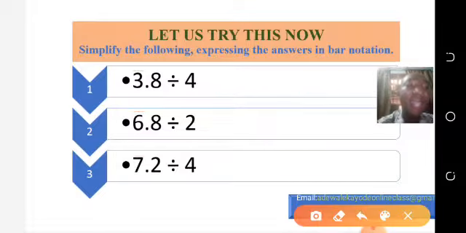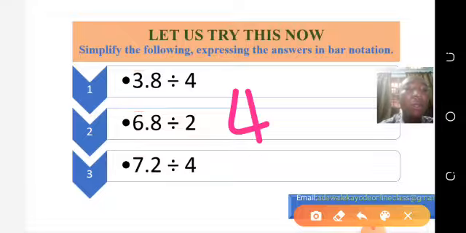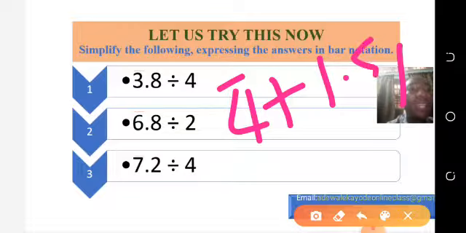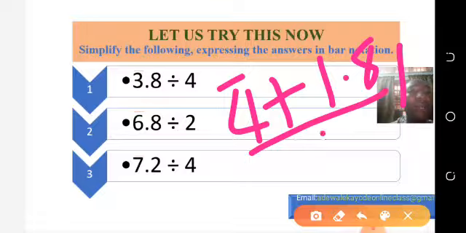Let's see. How can we do that? That will be bar 4 plus 1. Bar 4 plus 1. Good. Bar 3. Okay. That's point 0.8 to be divided by 4.